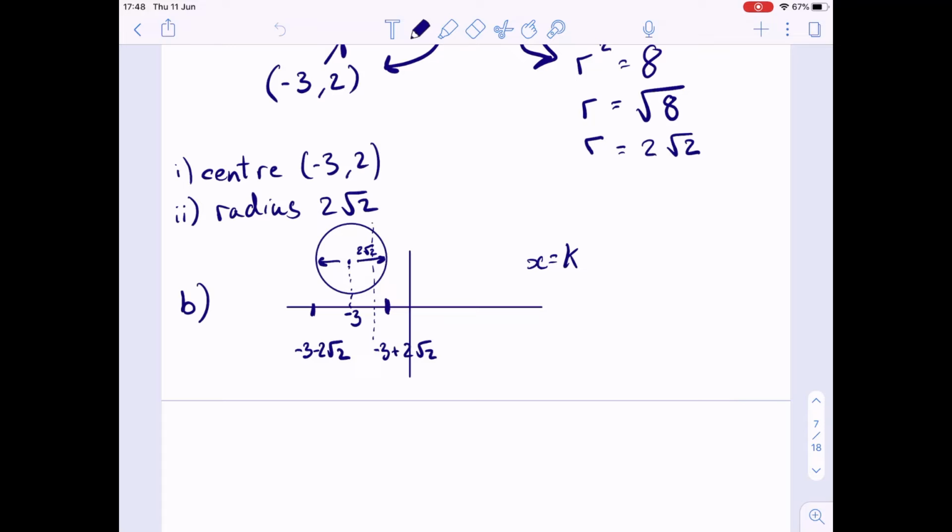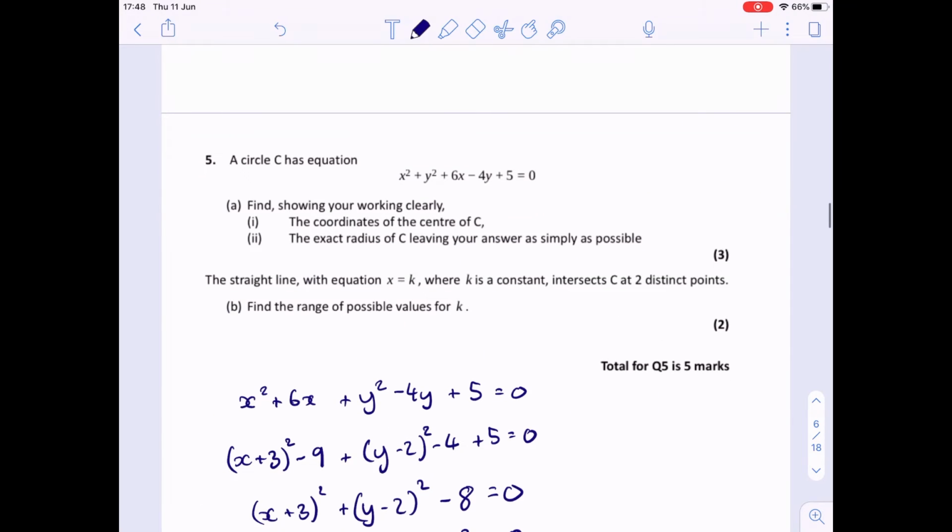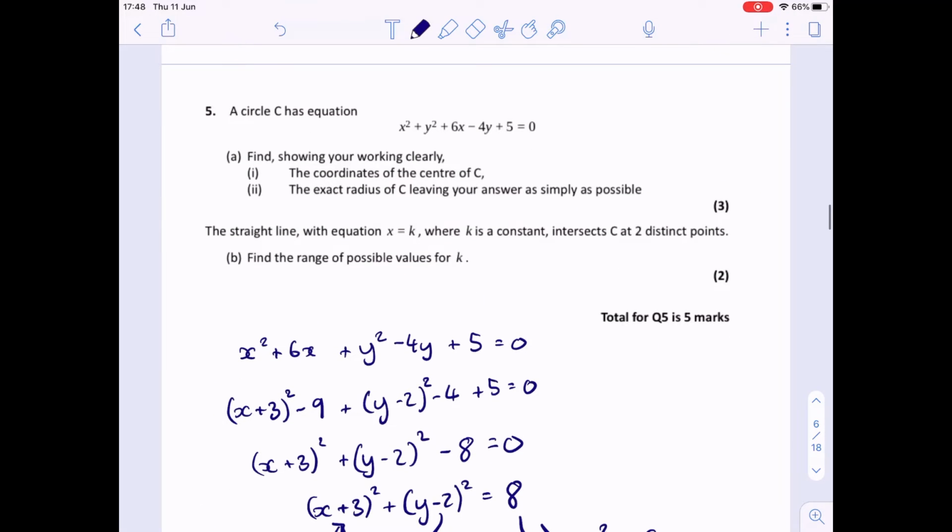So we can say that k is going to be anywhere between those two values. It's not going to equal those points, because at those points there'll only be one solution, and our question says that there are 2 distinct points.